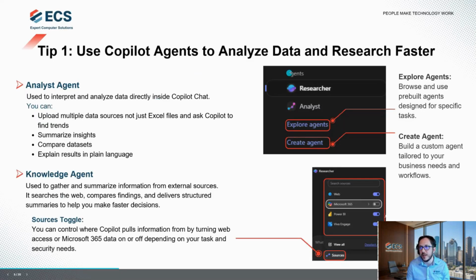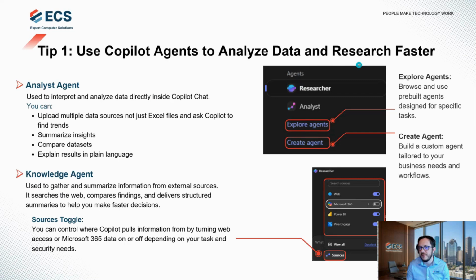Copilot agents to analyze data and research faster. So Copilot agents, I'm going to backtrack just a little bit as a refresher for you guys. There's a reason why companies choose Copilot. Unlike other AIs that are out there that may need integration into your data, Copilot lives inside Office 365.